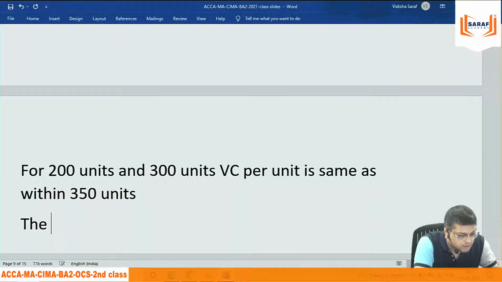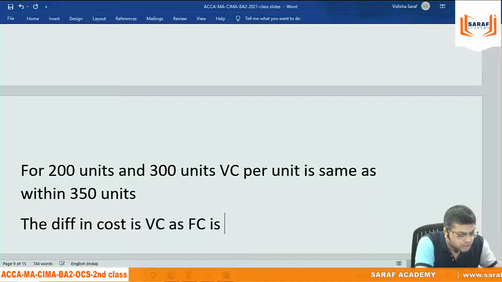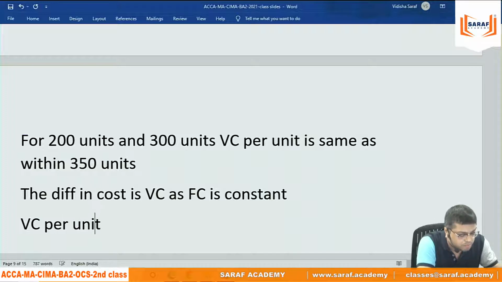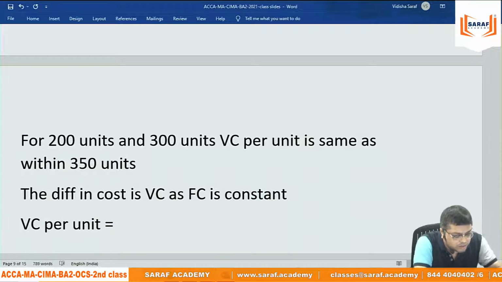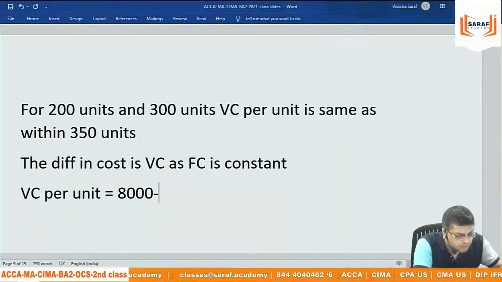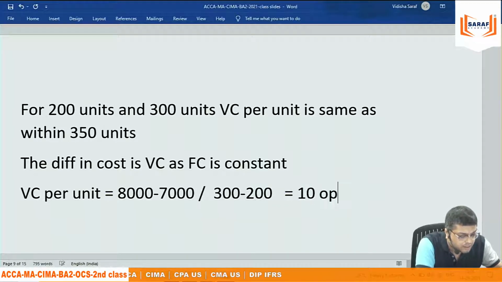The difference in cost is variable cost, as fixed cost is constant. So variable cost per unit equals 8000 minus 7000 divided by 300 minus 200. So it is coming 10 per unit.